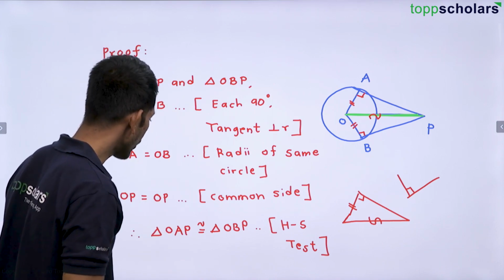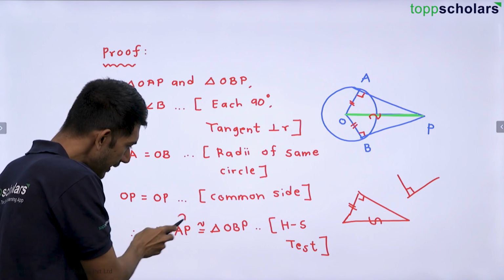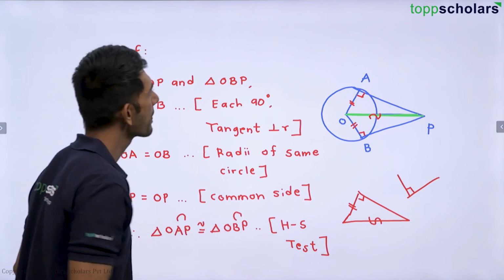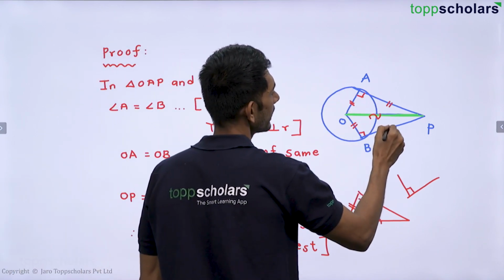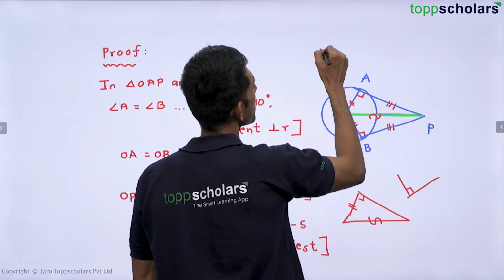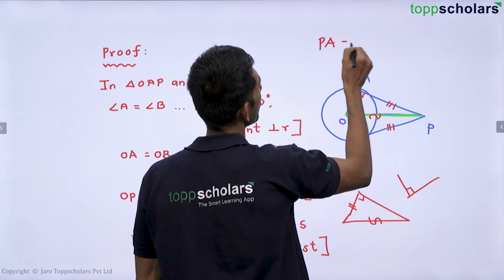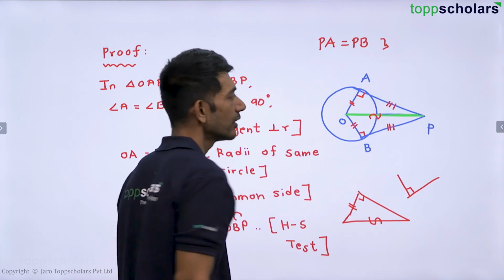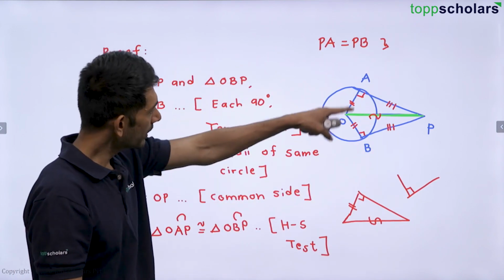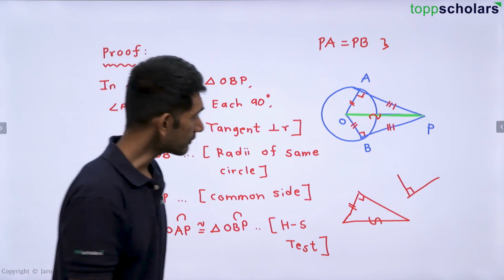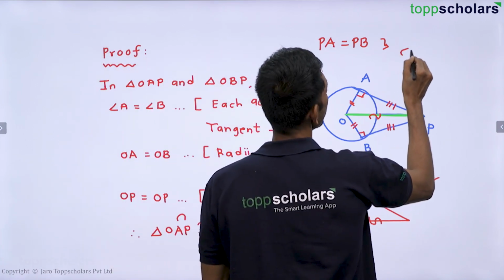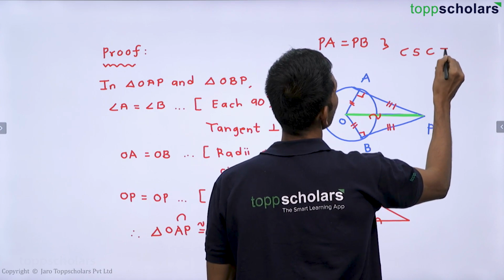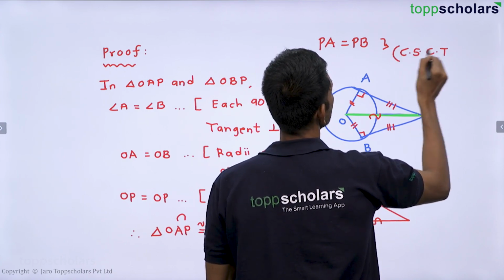Since the two triangles are congruent, now can I say this PA and PB will be equal? So we will write down PA is equal to PB. And what is the reason for this? Why PA is equal to PB? PA is equal to PB because of corresponding sides of congruent triangles, CSCT.